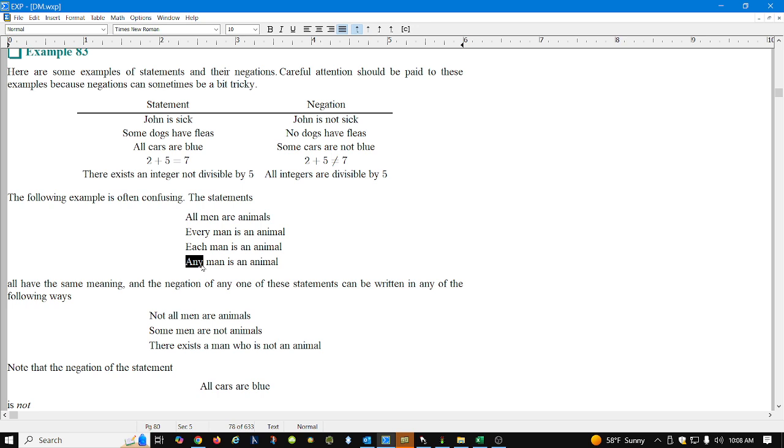Sometimes it slips by. But "any man is an animal" I can see people misinterpreting as there is a man that is an animal. And so I try to avoid that word. But these 4 phrases are logically equivalent. They have the same logical meaning.